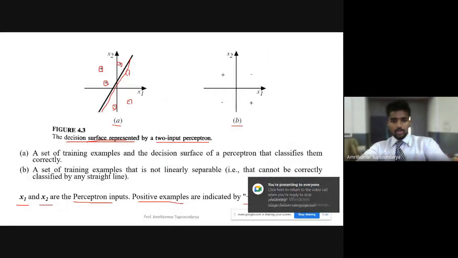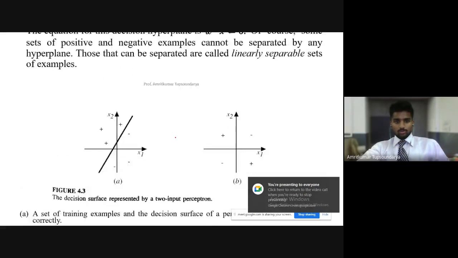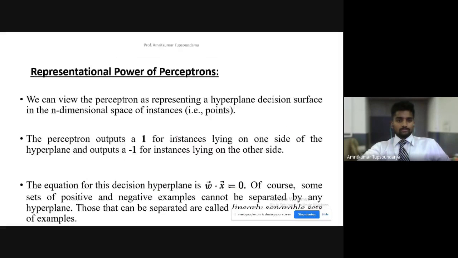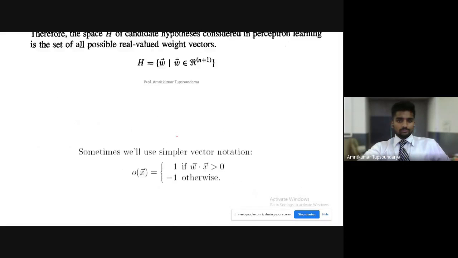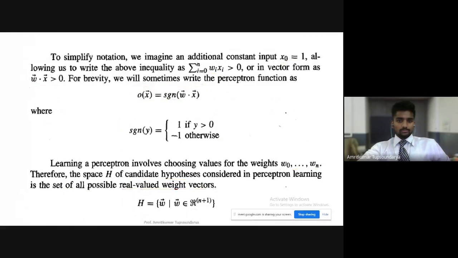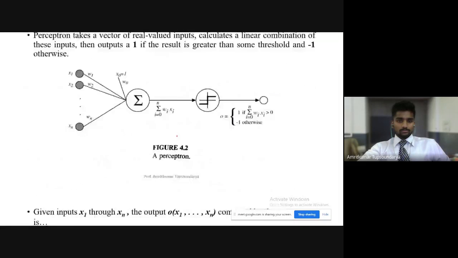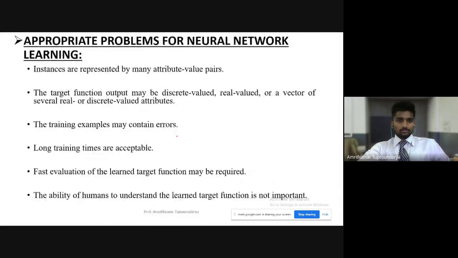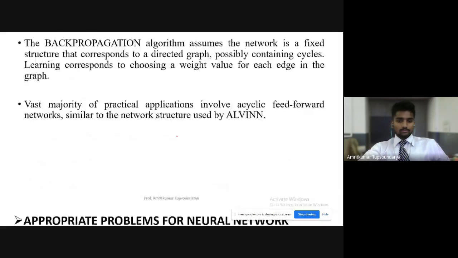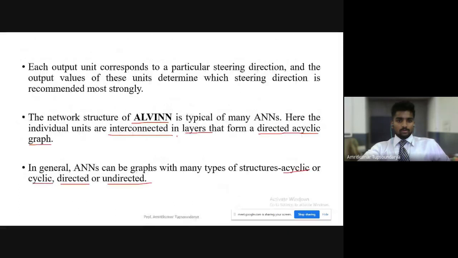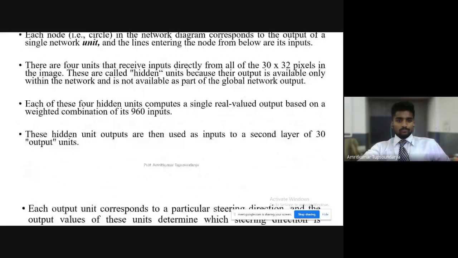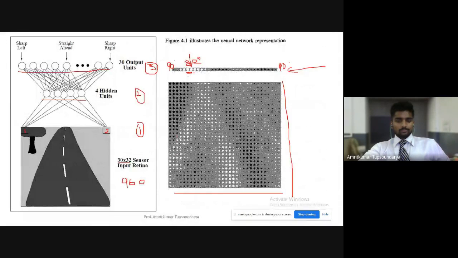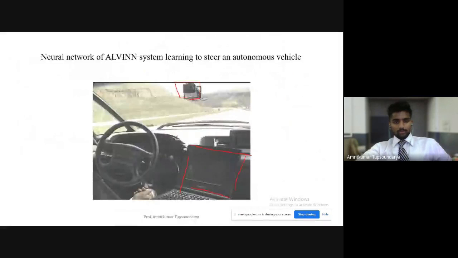Let me show you the diagram again, so that if you have any doubts, you can ask. Yeah, anybody, any doubt in whatever we have discussed so far?